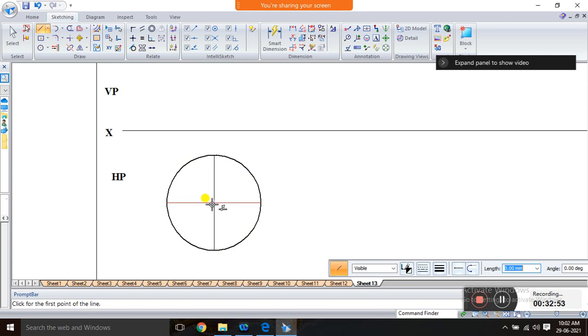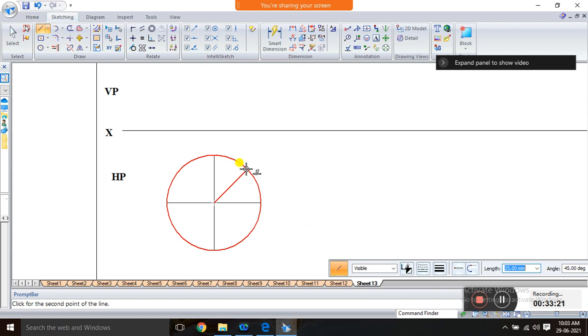So for that you have to place here and draw 45 degrees. Take the line, place it, and the angle should be 45.